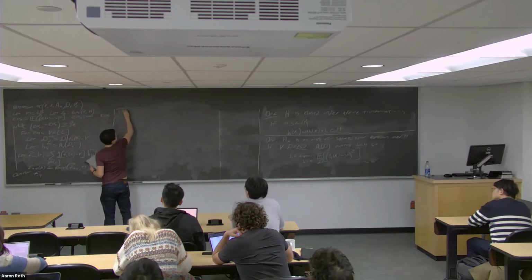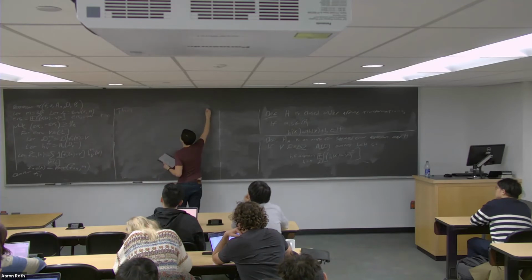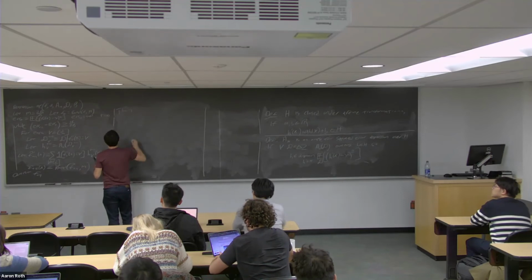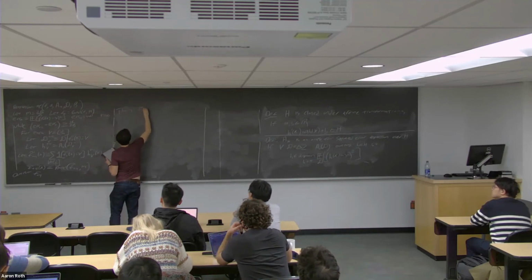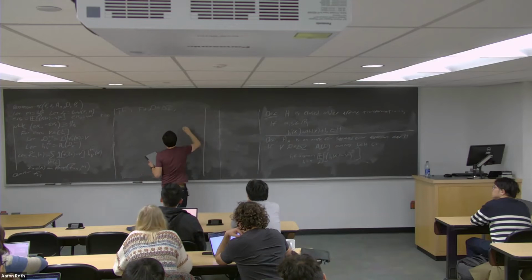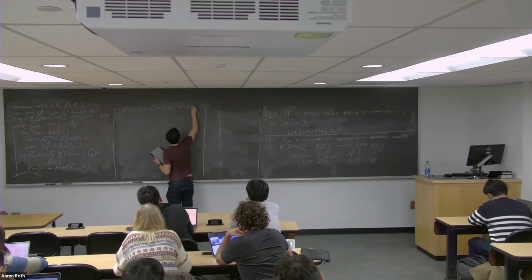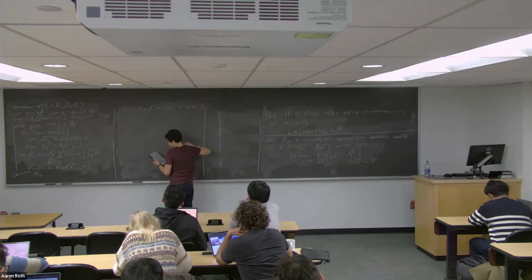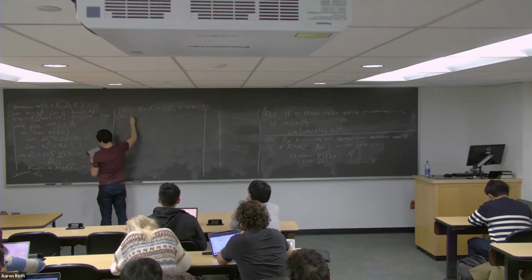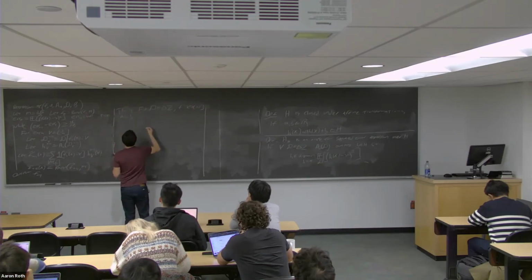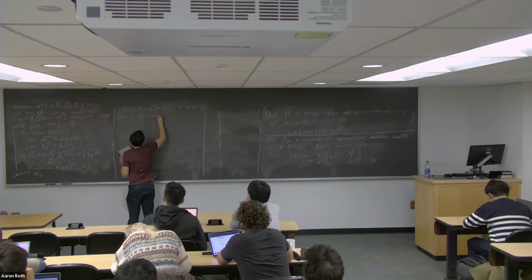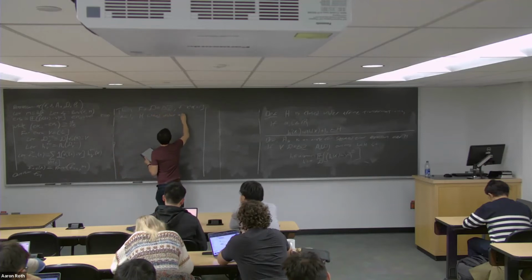So what's the theorem? Fix any distribution, any model, any approximation term alpha, and any class of loss functions H that are closed under affine transformation.